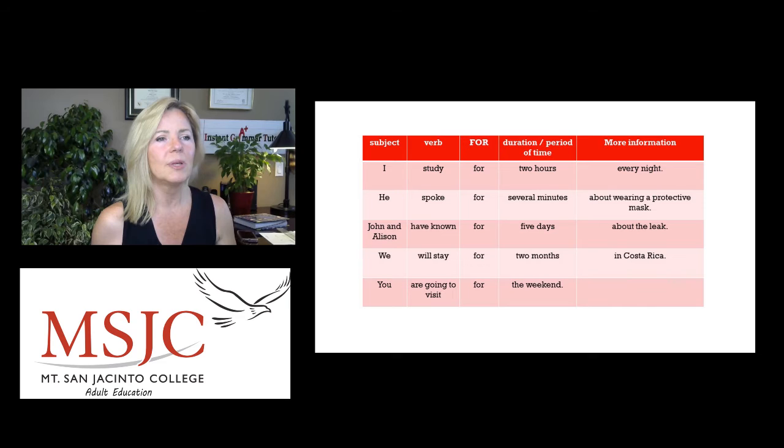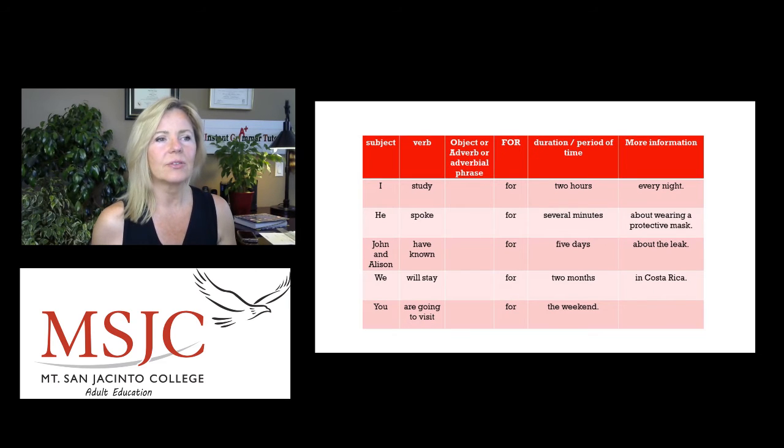Subject, verb, for, plus duration or period of time, plus more information. But look at this next structure. Subject, verb, object, adverb or adverbial phrase, plus for, plus duration, and then more information if there is more information.